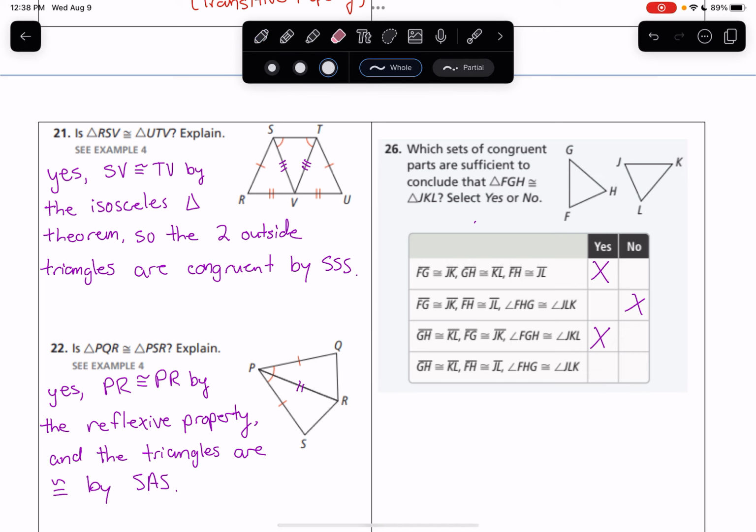And finally, we have JH is congruent to KL. We have FH is congruent to JL. And we have angle FHG is congruent to angle JLK. And we have side, angle, side congruence. So those show congruence. So it should go yes, no, yes, yes.